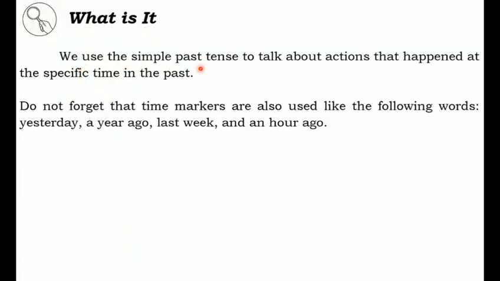We use the simple past tense to talk about actions that happened at the specific time in the past. Now, do not forget that time markers are also used like the following words: yesterday, a year ago, last week, an hour ago. Pag gagamit kayo ng past tense na verb, dapat meron kayong time element na katulad ito. Yesterday, a year ago, last week, an hour ago, last month.